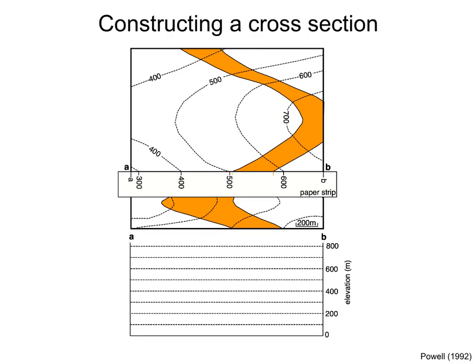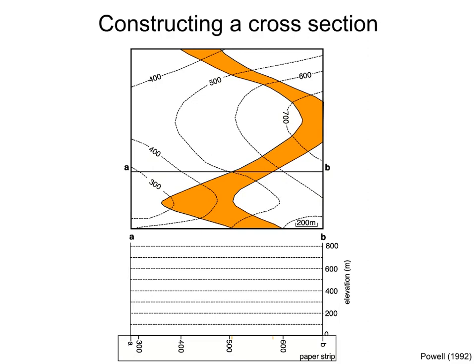We can also mark on the paper strip the geologic contacts, here in orange. We then move the paper strip to the base of the cross-section and transfer the topographic contours. Each topographic contour falls at the corresponding elevation in the cross-section. By joining the dots, we reconstruct the topographic profile.